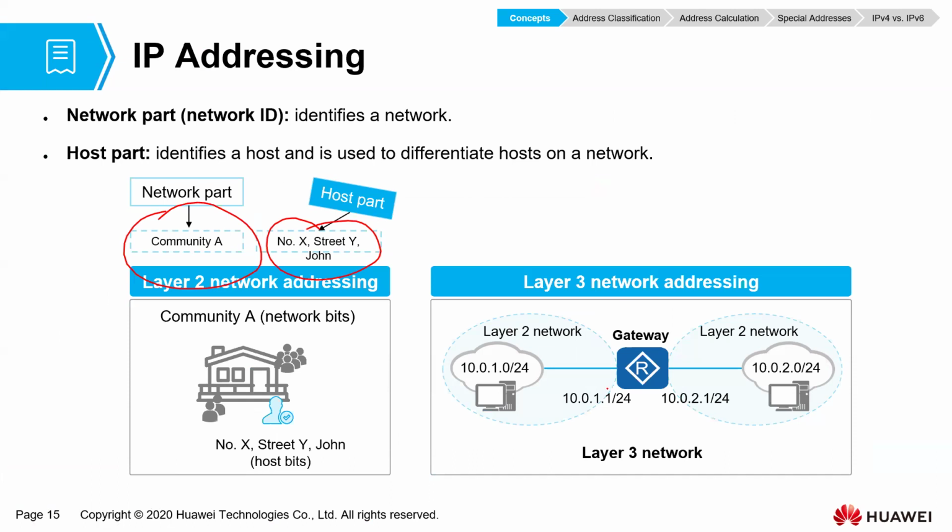So if you are looking at this example, you realize that we are given a network. This is our network here, 10.0.1.0/24. Then for the IP addresses within that same network, you can assign addresses to devices in the network.